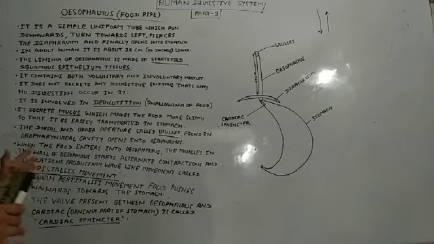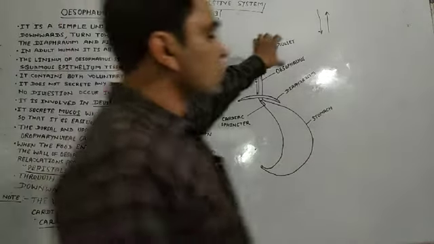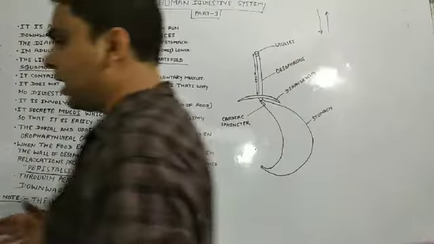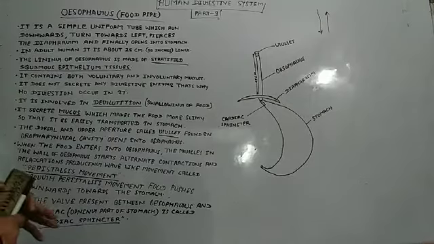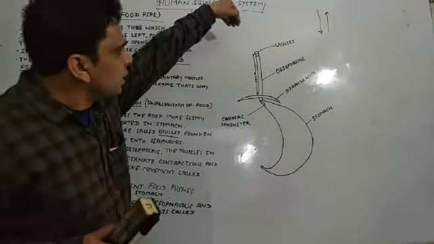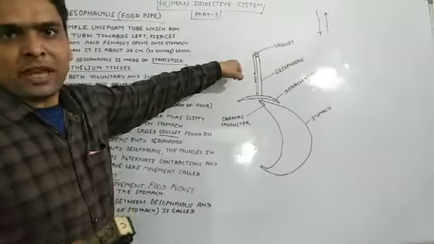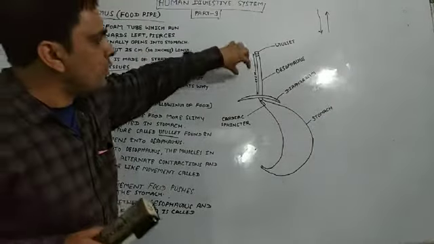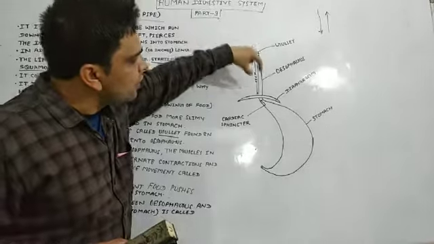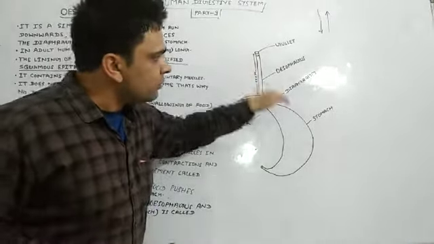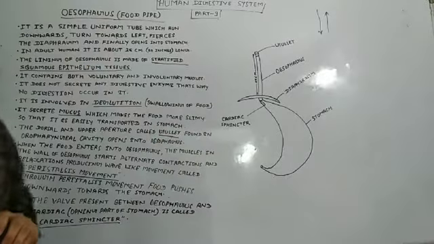We have already discussed that the esophagus does not take part in digestion. It is a tube, a passage which transports the food and makes the food's movement easy. That's why the food moves into the stomach easily.